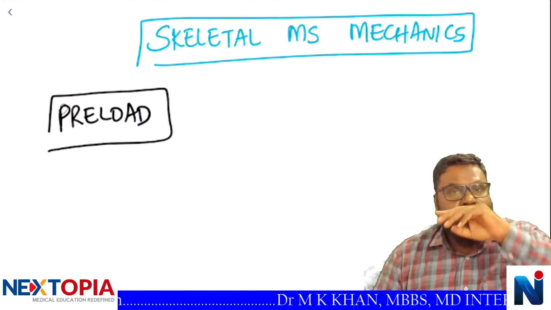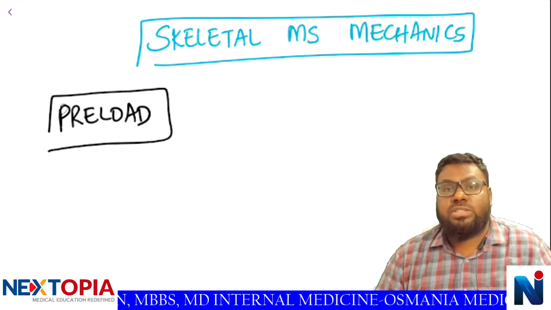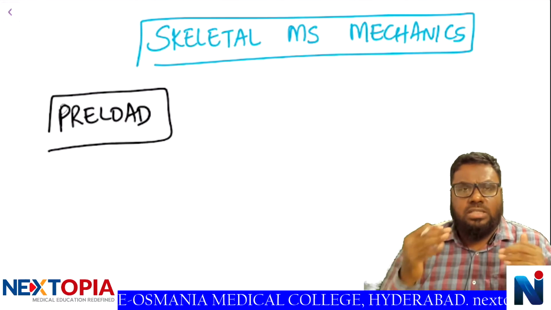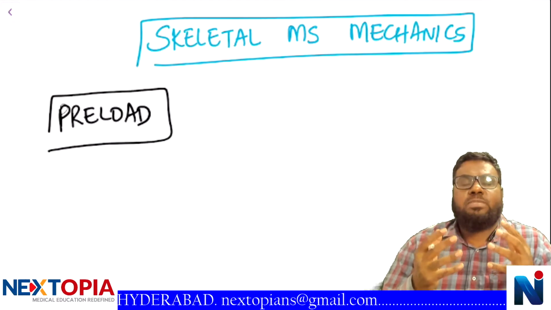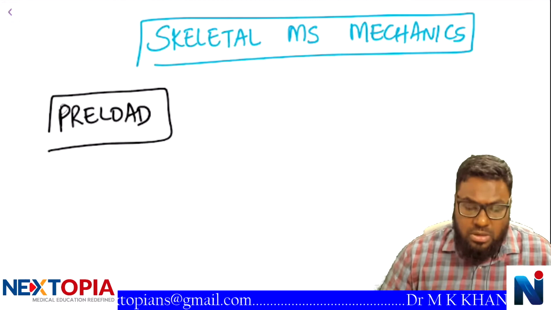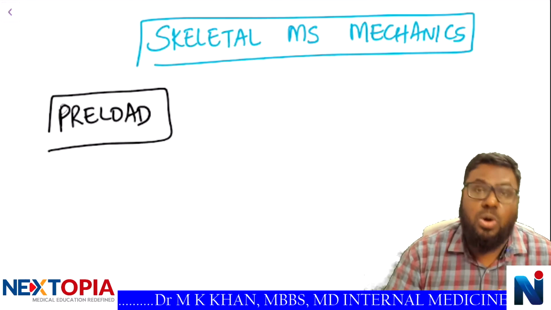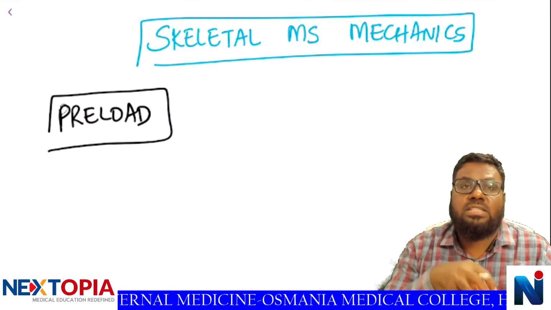Please remember, one important simple fact is that any load on the muscle which is in a relaxed state, you are calling it preload. Say suppose the muscle is relaxed, just before contraction, the amount of load that is present on the muscle, you are calling it preload. Why are you calling it pre? Because it is just before contraction. And why are you calling it load? Because it is the amount of load that is present on the muscle.